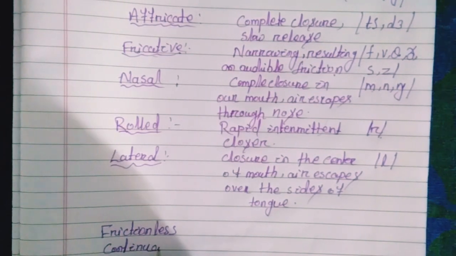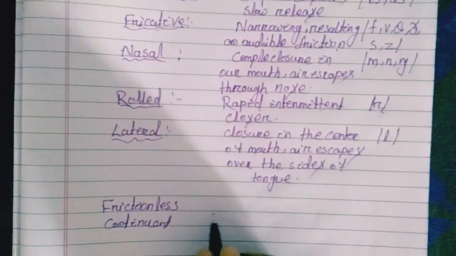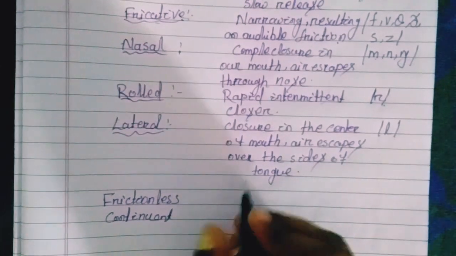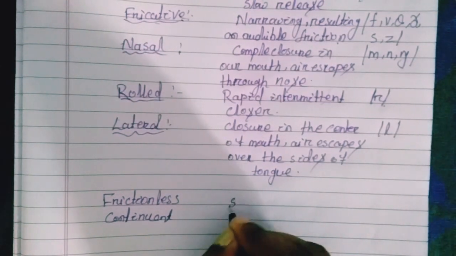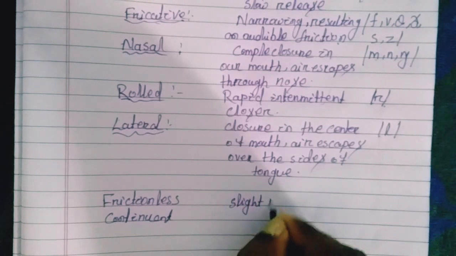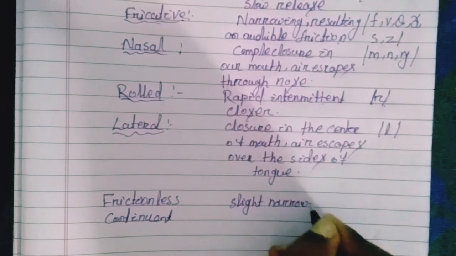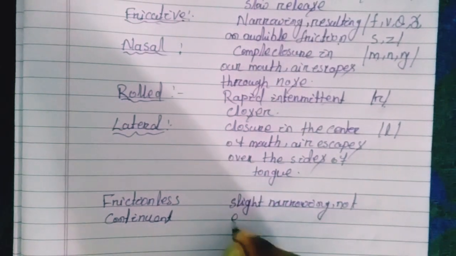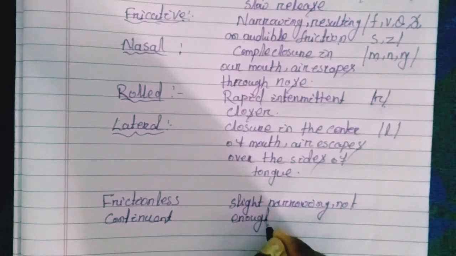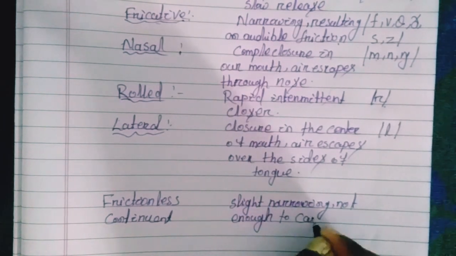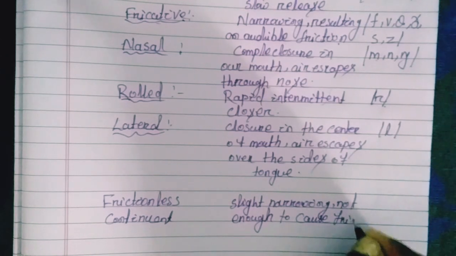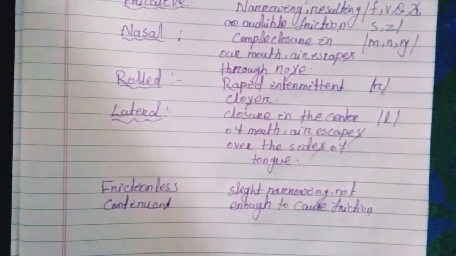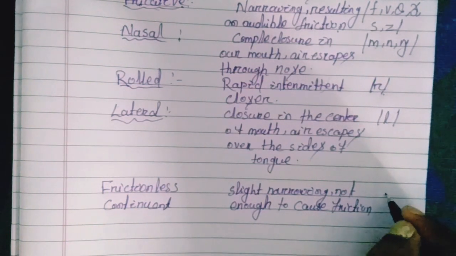The structure of this frictionless continuant is slight narrowing, and not enough to cause friction. And the example of this frictionless consonant sound is raw sound.